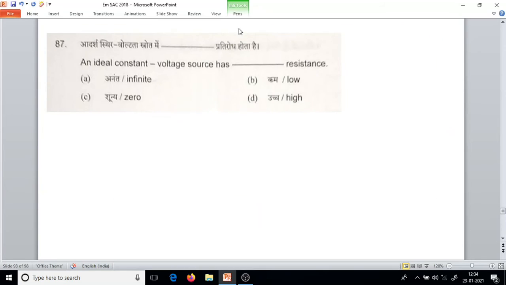Question number 87. An ideal constant voltage source has dash resistance. A voltage source should have zero resistance ideally, but practically there will be some milliohms or less than 1 ohm resistance.